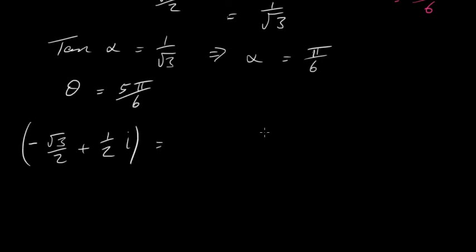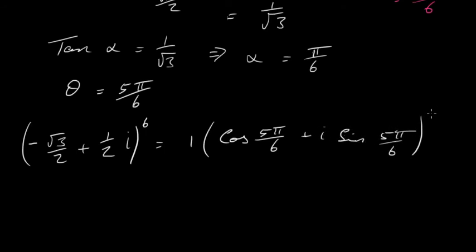And we worked out that we were going to raise this to the power of 6. So we worked out that the modulus here was in fact 1, so it's 1. So it's going to be cos of my angle here, which we worked out was 5 pi over 6, plus I sine 5 pi over 6. And we're raising that to the power of 6.